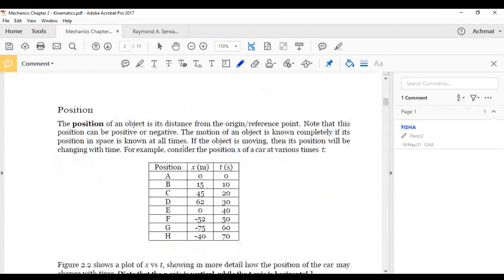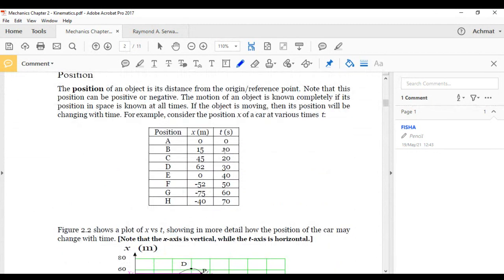Right? So let's just see what the table says for these different time intervals. These times 0, 10, at these moments. Those are the positions. Okay, well, what happened here? Let's see.